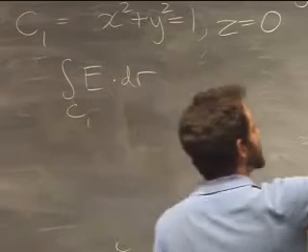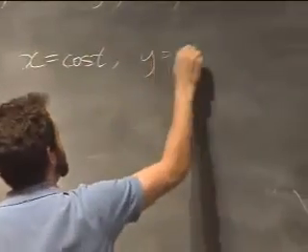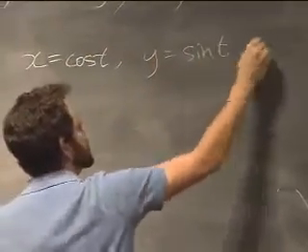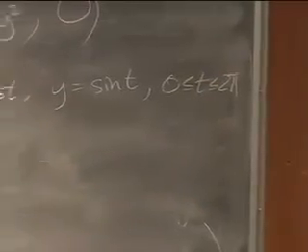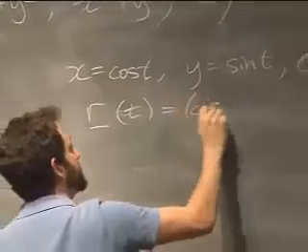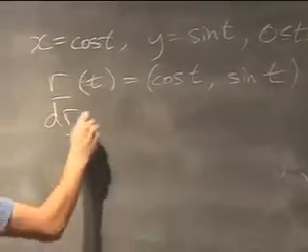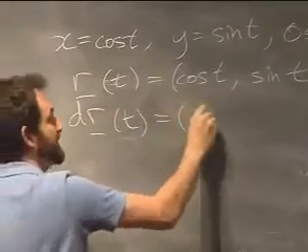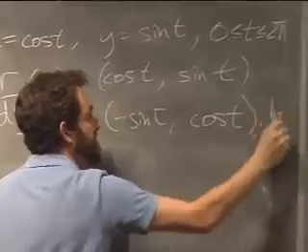So I'm going to say x is cosine t, y is sine t, t between 0 and 2 pi. So this is all very familiar. In other words, r of t is cosine t, sine t. So dr is the derivative, minus sine t, cosine t, dt.